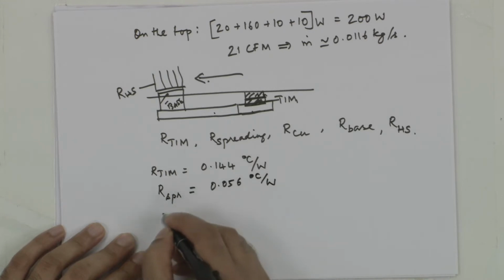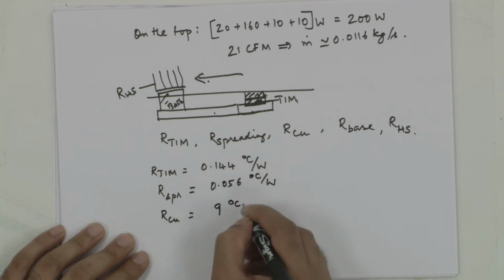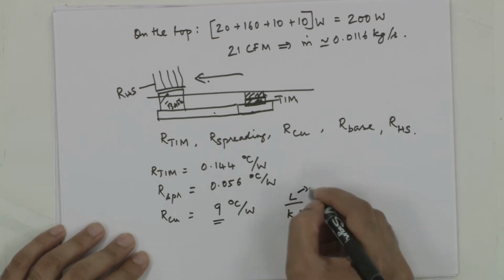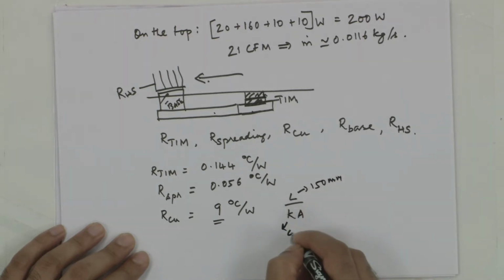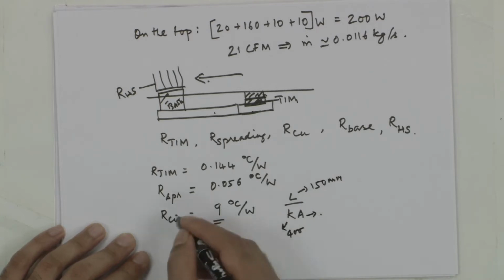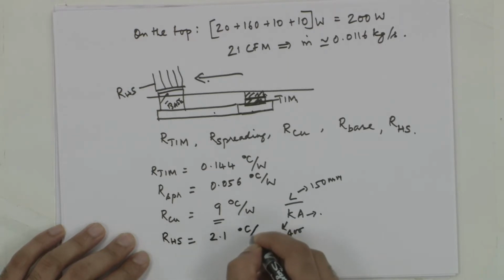The copper resistance turns out to be 9 degrees C per watt using L by Ka, L being the length, which is 150 mm, thermal conductivity being 400, and the cross sectional area needs to be accounted for. And then the heat sink resistance is estimated to be 2.1 C per watt.